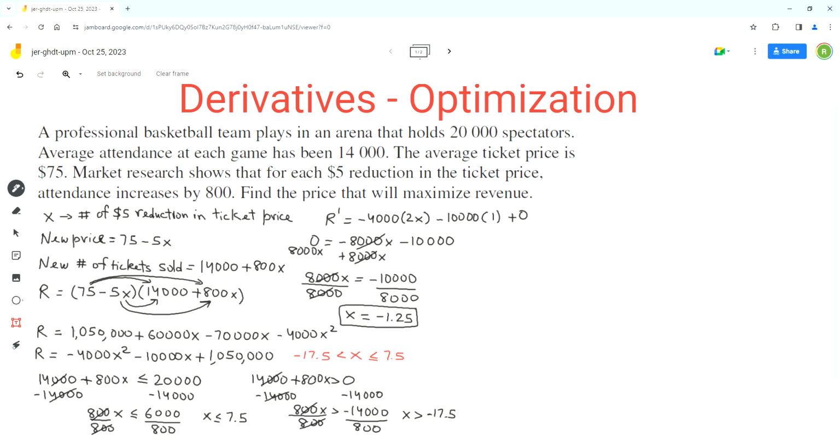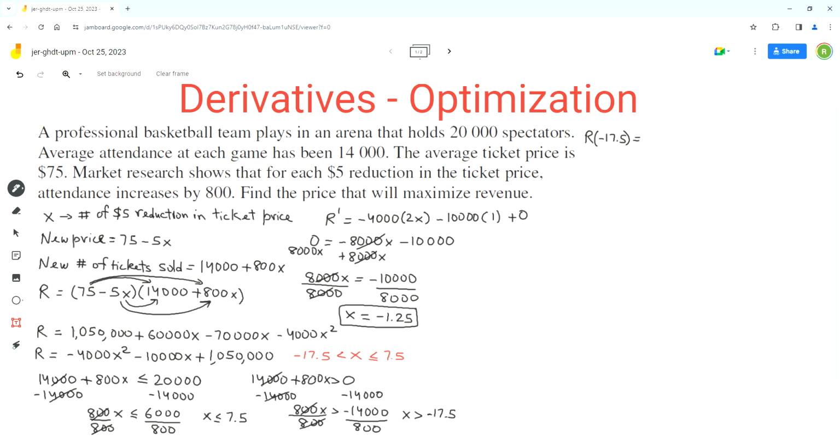Now we'll find the revenue at the three x values, negative 17.5, negative 1.25 and 7.5, and see where the revenue is maximized. And for that we'll use the revenue function. So we'll start at negative 17.5, the lower end of the domain. So revenue at negative 17.5.